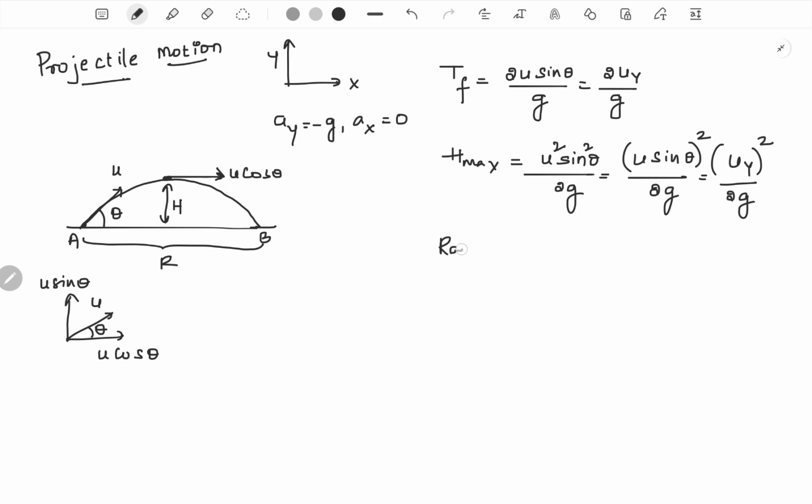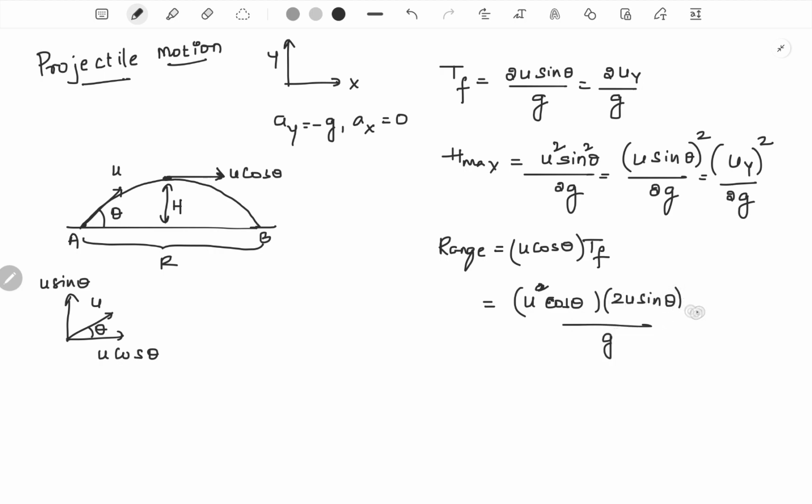Then what about the range? The range, as you basically see, is the horizontal component of displacement of the body as it goes from A to B. Horizontal displacement only depends on horizontal component of velocity, and as you can see, it's constant. The time taken to go from A to B, time of flight, which basically gives you u cos theta into 2u sin theta by g.